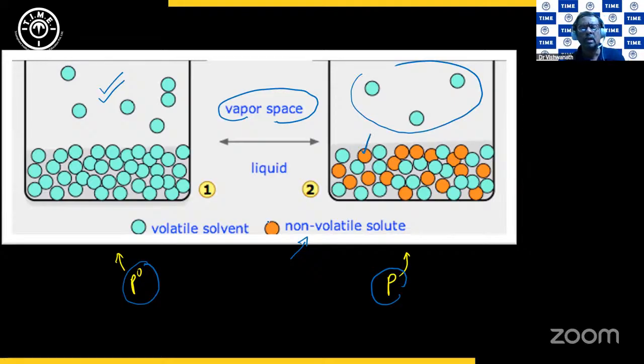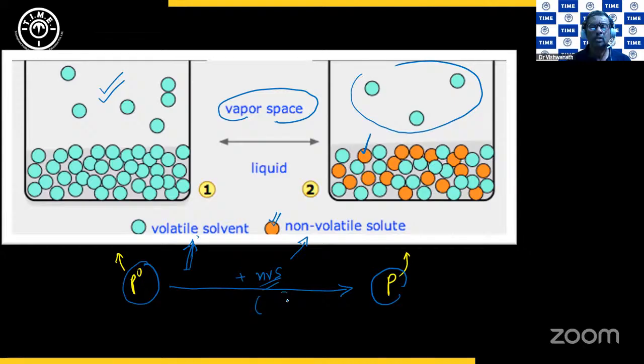The orange one is a non-volatile solute. The moment you add a non-volatile solute, the surface is also occupied by non-volatile solute molecules, and the tendency to undergo evaporation becomes less because evaporation happens from the surface. So when the surface has less of the solvent, there will be less evaporation because the solute doesn't evaporate, because it is non-volatile. Non-volatile means not giving vapor. So there is a lowering of vapor pressure from P0 to P as you add a non-volatile solute.